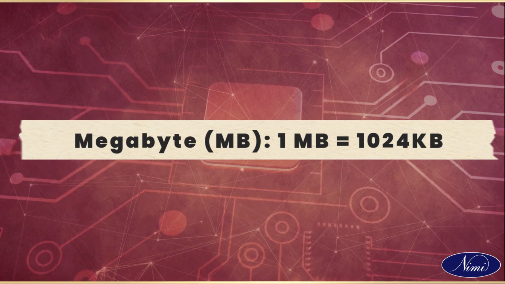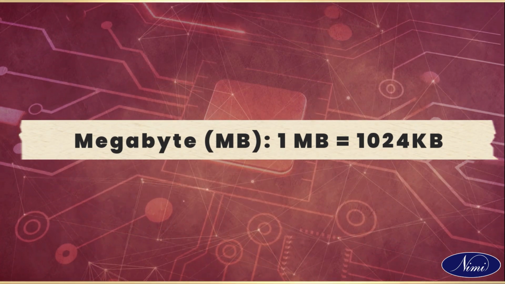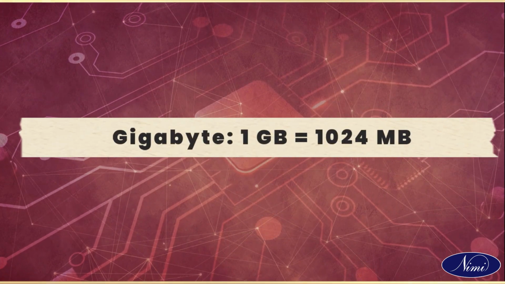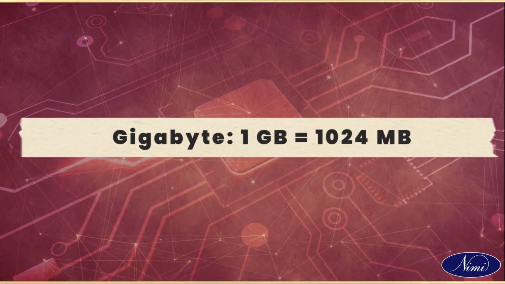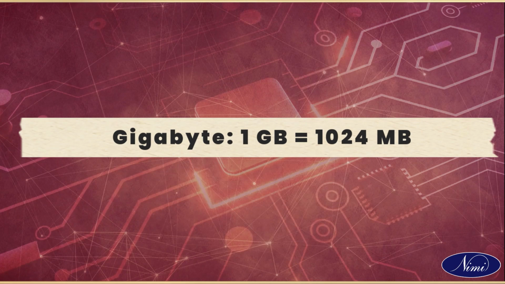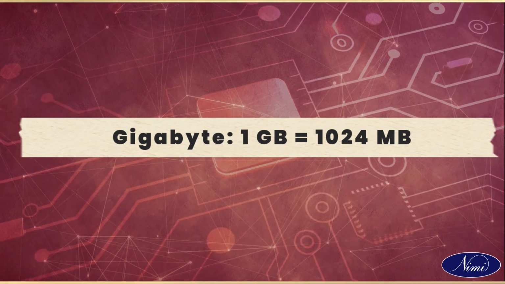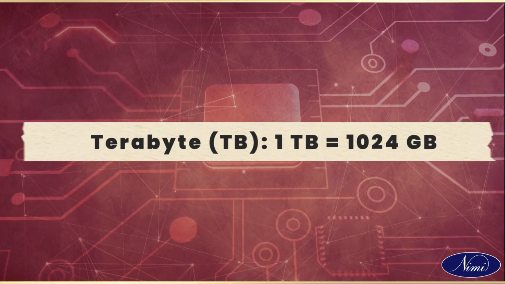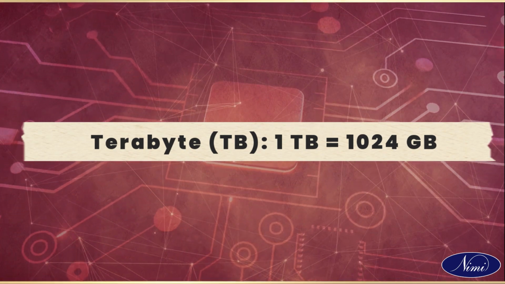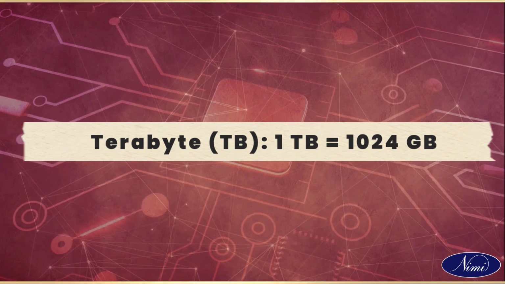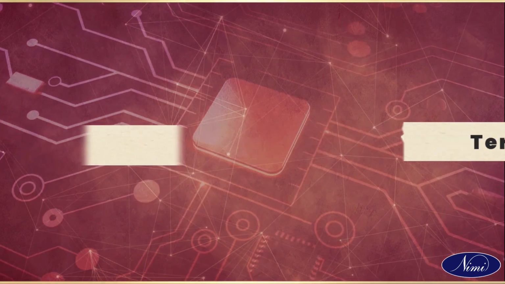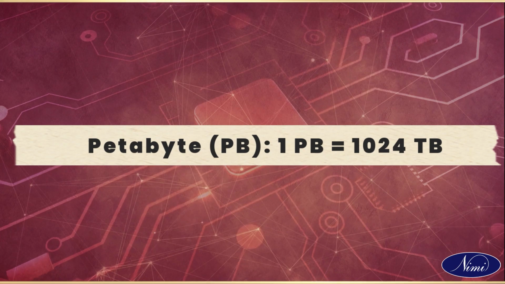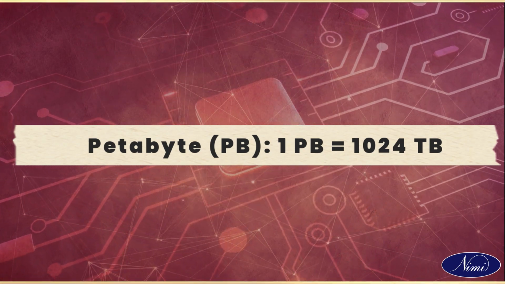Megabyte, MB. 1 MB is equal to 1024 KB. Gigabyte. 1 GB is equal to 1024 MB. Terabyte, TB. 1 TB is equal to 1024 GB. Petabyte, PB. 1 PB is equal to 1024 TB.